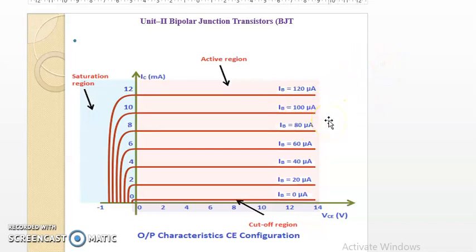By taking such different constant values of IB, if we plot the curve, then we can analyze the graph and conclude that for higher values of base current, there is an improvement in the collector current with the variation of the collector voltage.